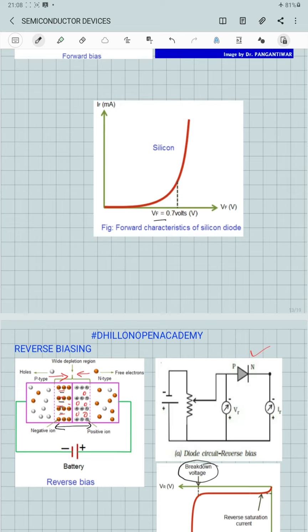Because it is not a straight line, if we find the slope of the line, the slope is going to change from point to point. So if we find the slope of this curve for the forward bias VI characteristics of the PN junction diode, the slope value is going to be different at different points.